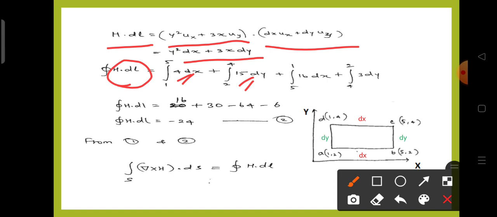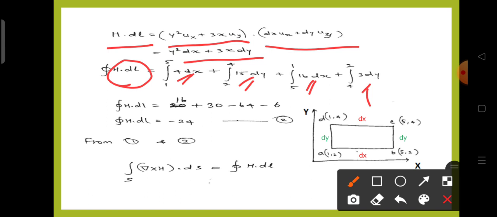Then C to D, the y value is constant, that is 4, so 4 into 4, 16. Then D to A, the x value is 1, so we will get 3. The remaining things are the changing values: dx from 1 to 5, dy from 2 to 4, then dx from 5 to 1, then dy from 4 to 2.